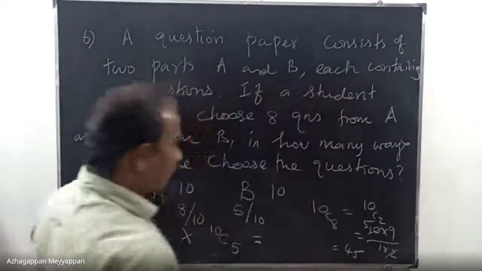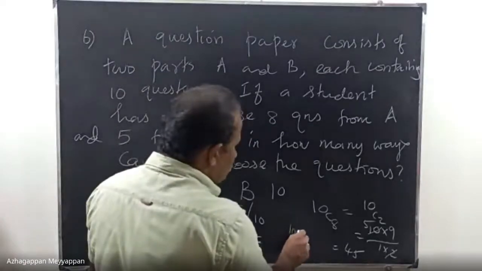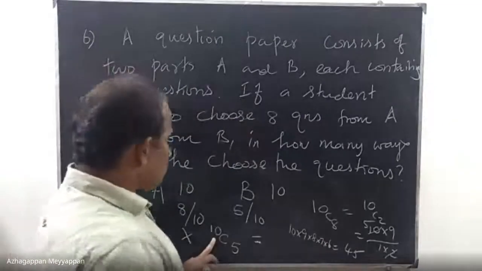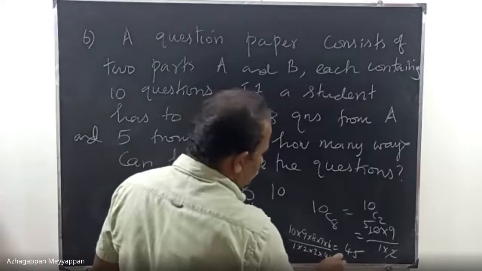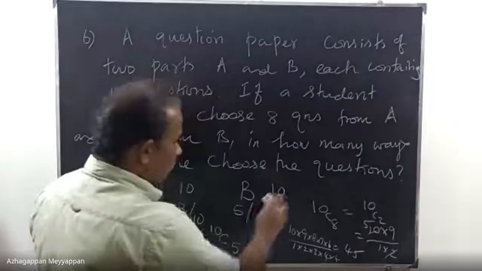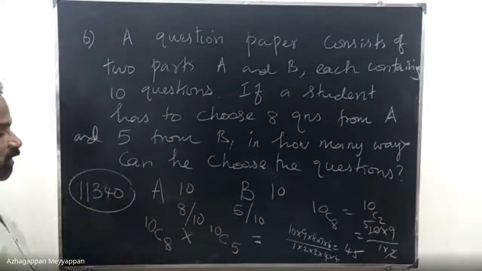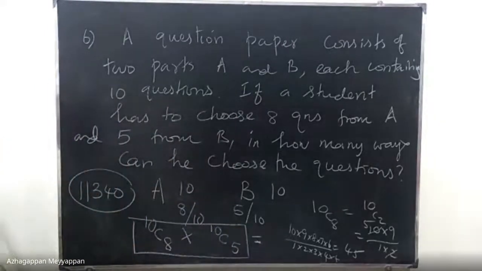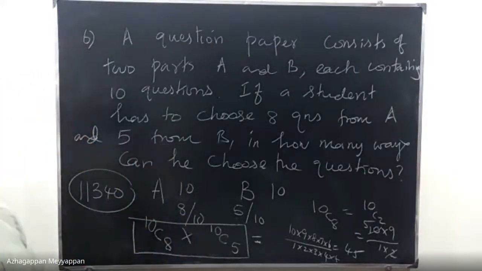Here 10C5 is nothing but 10 into 9 into 8 into 7 into 6 divided by 1 into 2 into 3 into 4 into 5. If you simplify it, you will be getting 11340. This will be the answer. You should know the concept. Calculation is different. The concept is 10C8 into 10C5.